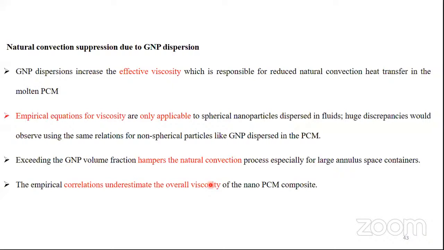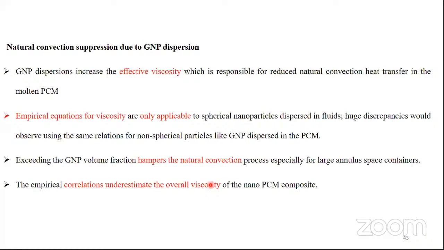Now coming to the overall conclusions, we can say that natural convection definitely gets suppressed due to GNP, graphene nanoplate dispersion, but this graphene nanoplate dispersion increases the effective viscosity, which is responsible for this reduced natural convection.